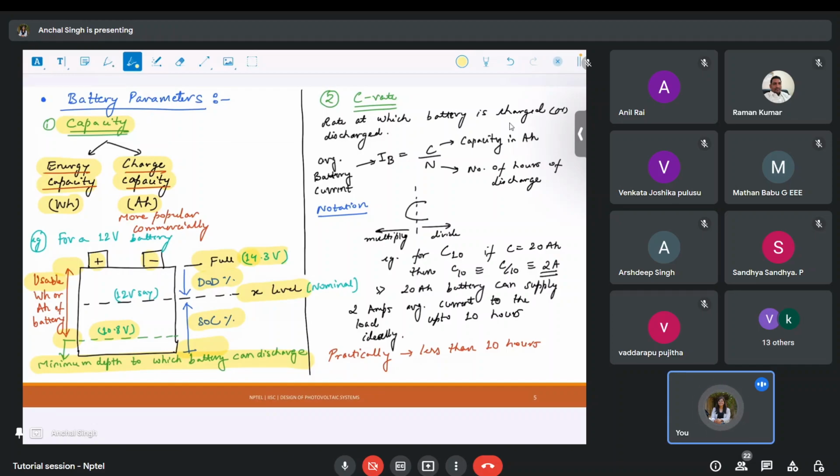To maintain those characteristics, we put a converter on top of the battery to monitor it. The battery management system checks whether the voltage is within 10.8 volt to 14.3 volt. If it goes below 10.8 volt, it trips. It disconnects the battery basically. And if it is charged more than 14.3 volt, it again disconnects the battery from the charger.